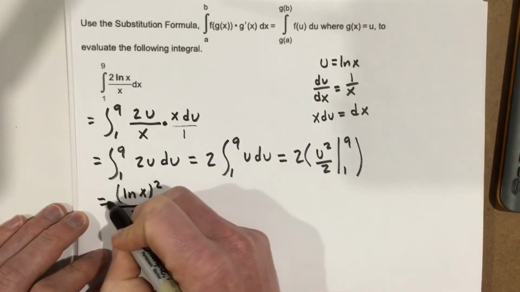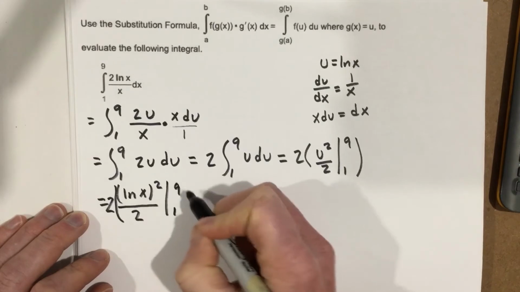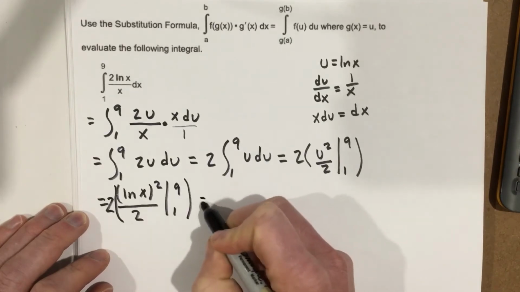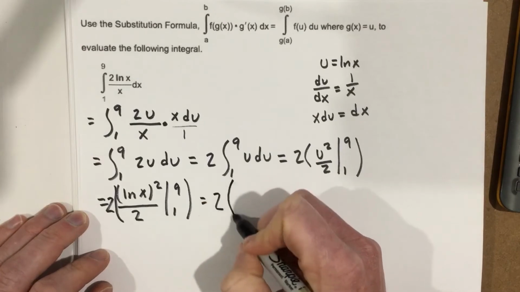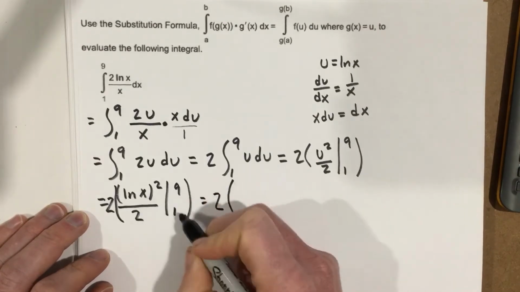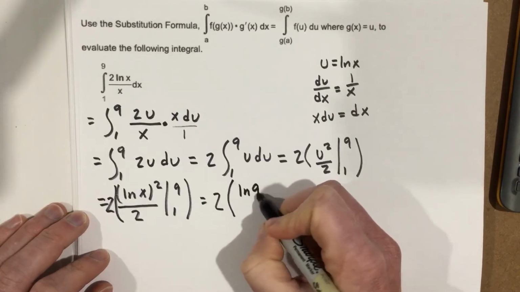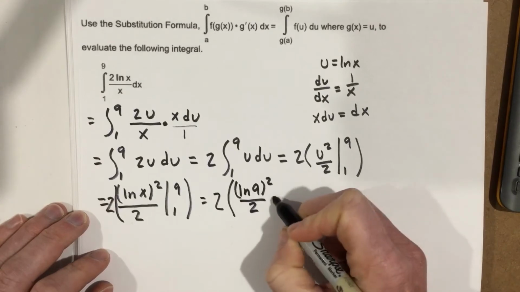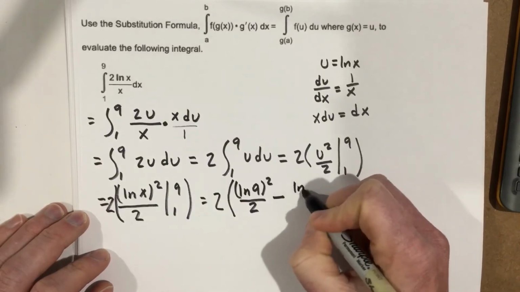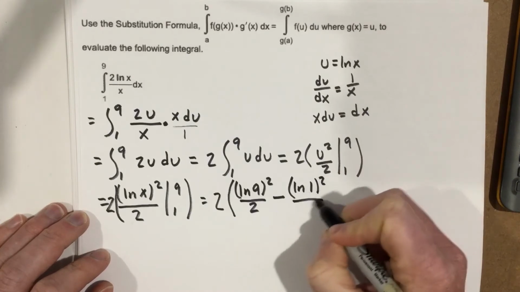Oh, I forgot the 2 out front. So 2 times this, evaluated from 1 to 9, which is equal to 2, and we'll plug in the 9, plug in the 1, so we end up with natural log 9 squared over 2 minus natural log 1 squared over 2.